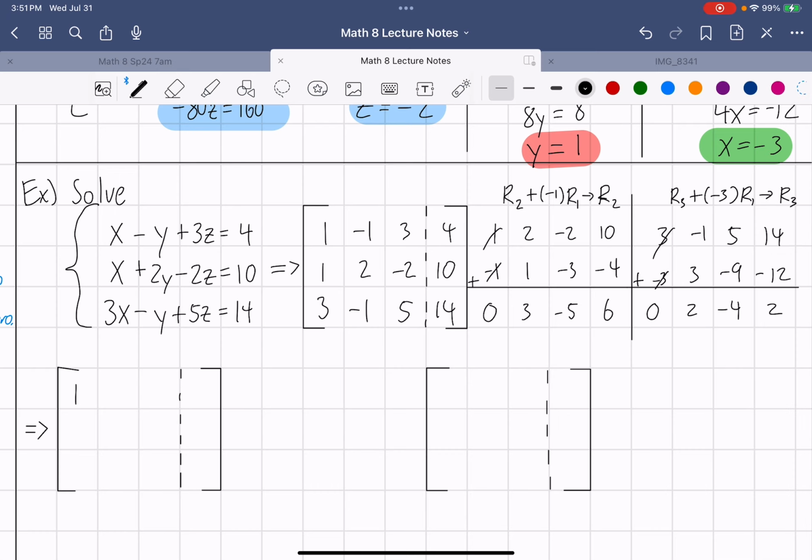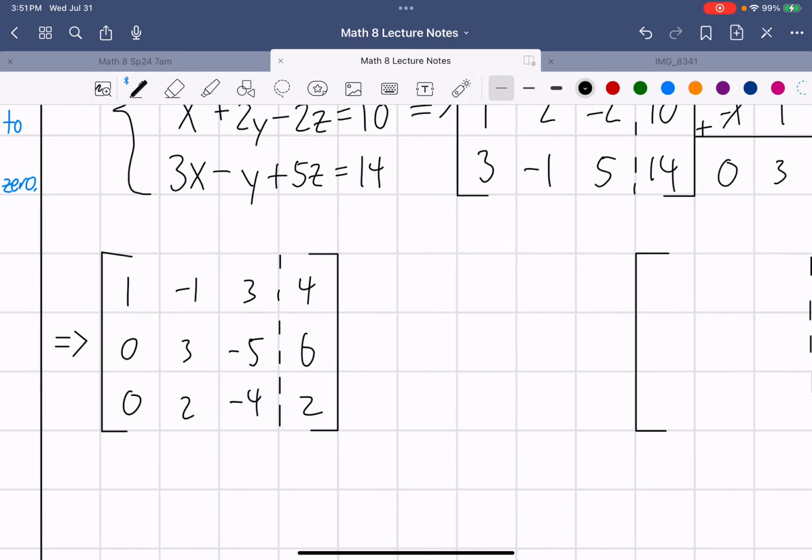And if you want, you can skip this step, but it keeps me organized. I update all my new rows. But this is why I said you want to be careful and make sure you write everything and double check all your work. Not just to get full credit, but to make sure you're doing everything correctly.